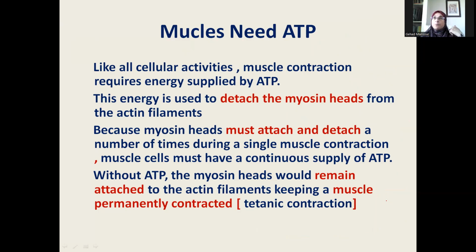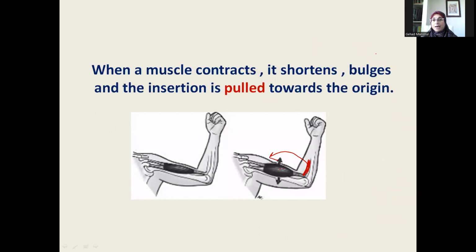But when the muscle contracts and relaxes, it does this several times, meaning that if you look at that biceps muscle, and suppose that that biceps muscle needs to remain contracted for 30 seconds, don't think that the myofibers that have been stimulated will stay contracted for 30 seconds.